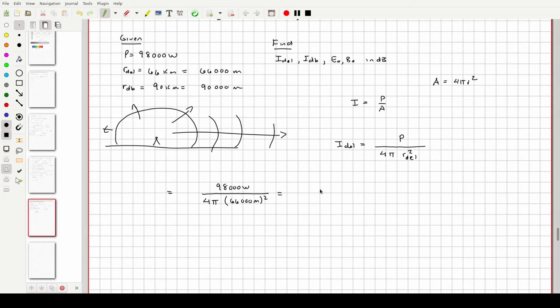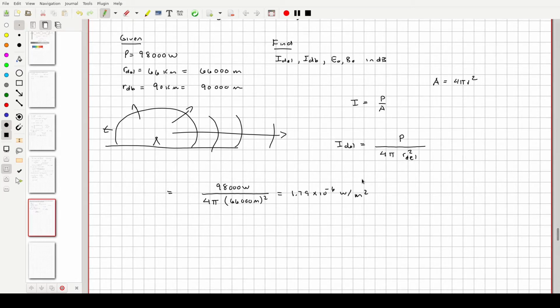Okay, so 98,000 divided by 4 times pi times 66,000 squared. That's an intensity of something like 1.79 times 10 to the minus 6 watts for every square meter.